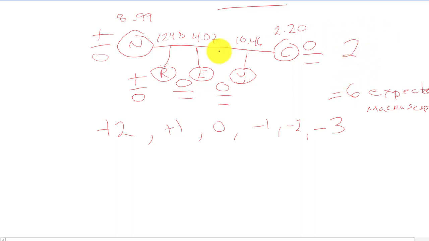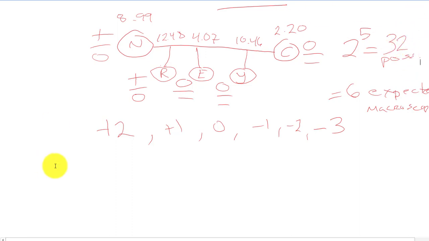We would have 2 to the 5th, 2, 4, 8, 16, 32, theoretical states, even though they may not actually be observable. But only 6 expected. What do those actually look like?